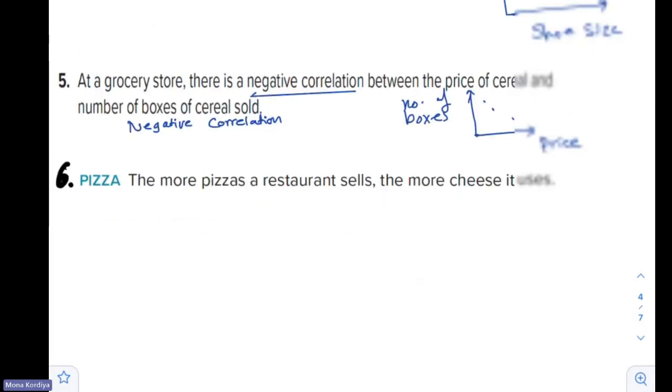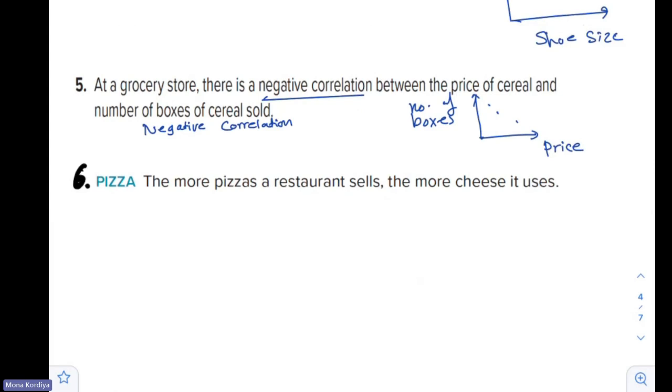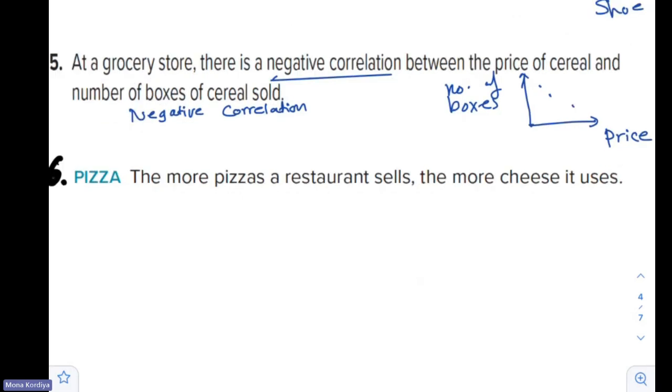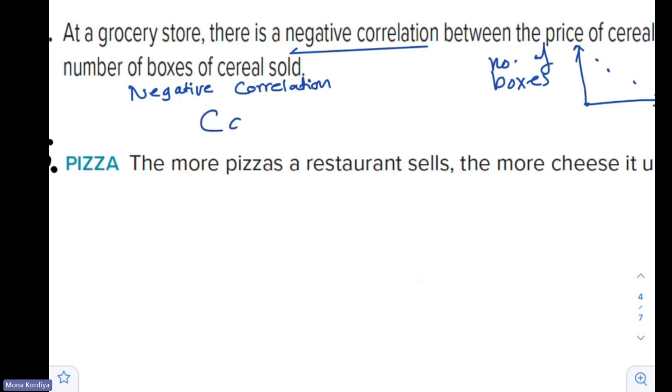Is it causation? By common sense, when the price of the item increases, fewer items will be sold. When the price is less, people will buy more, of course. So they are opposite relations, and this is causing that, of course. It is affected by that. So this is causation.